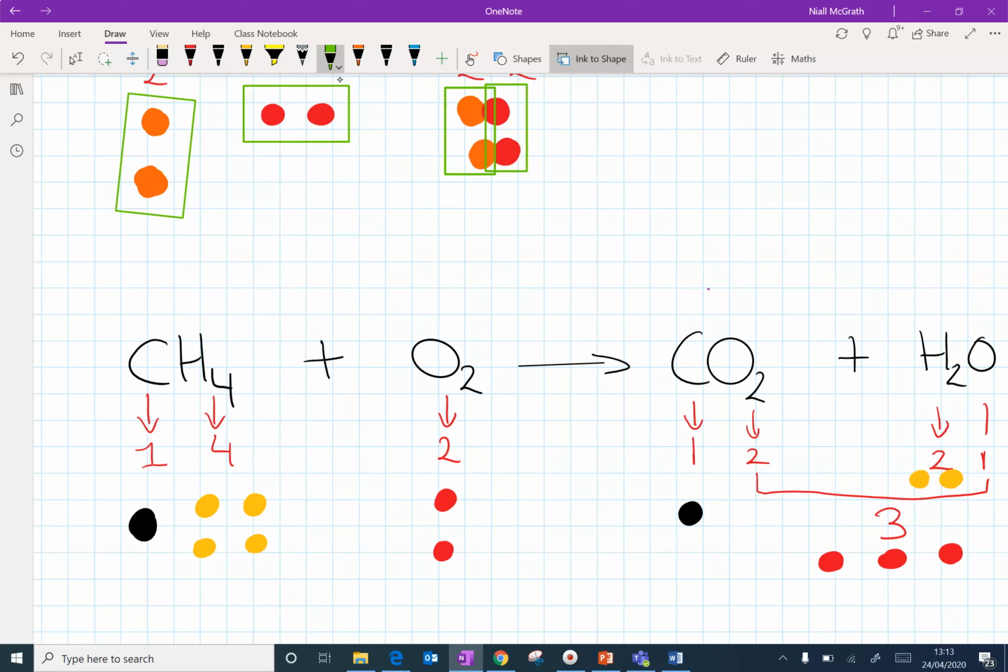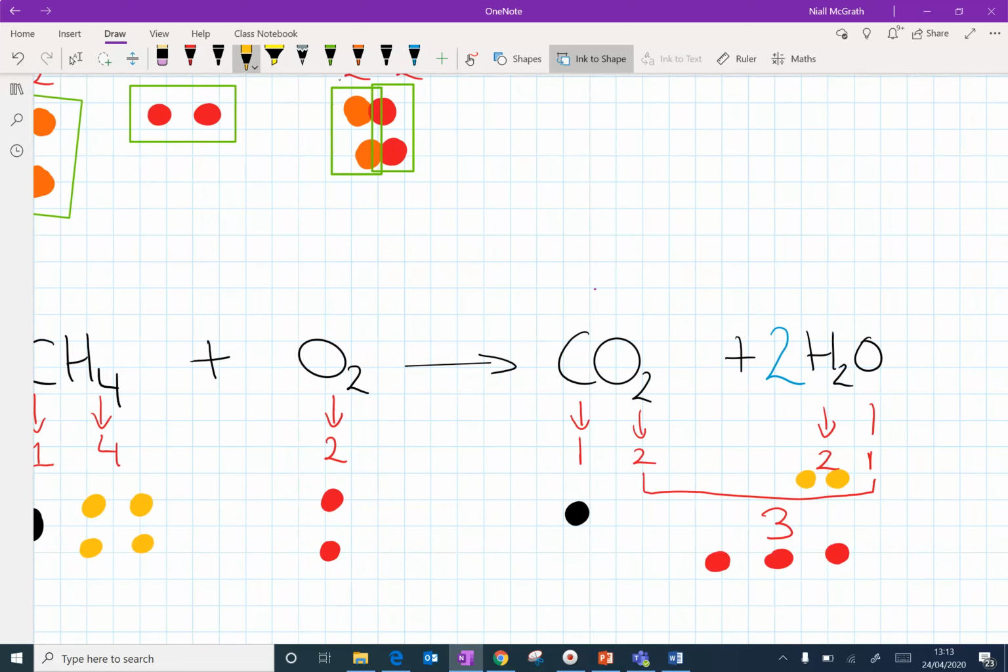Now, if we look at the numbers that we're dealing with, it's easier to balance the hydrogens first. So if we put a coefficient of 2 on our H2O, that now means we have 2 water molecules, so we have 2 H2Os.